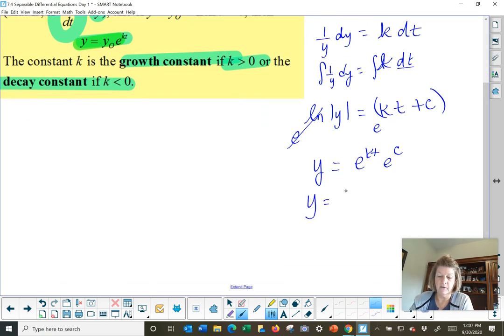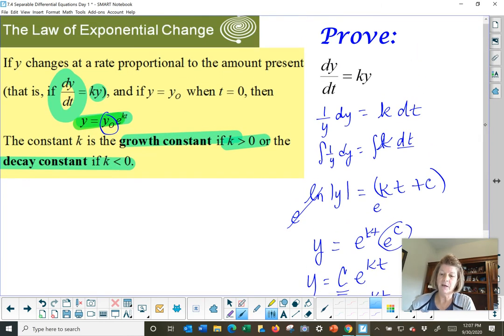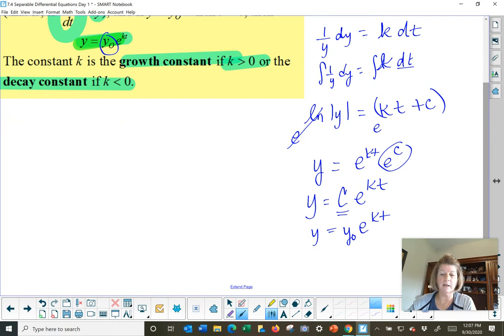And that's going to give me one big C e to the kt, because e to the c is just some new constant. Typically, they make it a capital C for this particular setup. And that is our y naught that we see up there in that law of exponential change. So that's kind of where the PERT formula comes from.